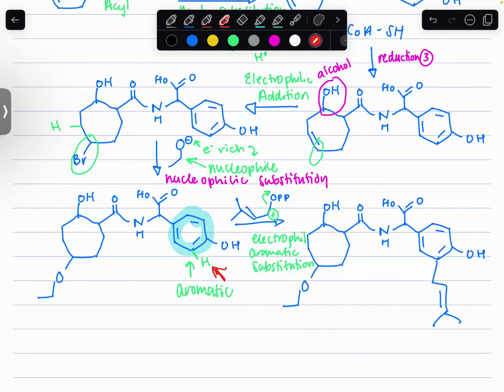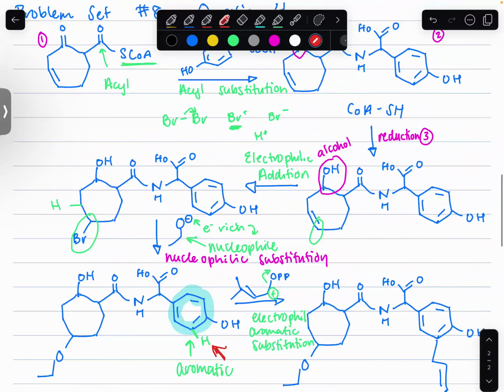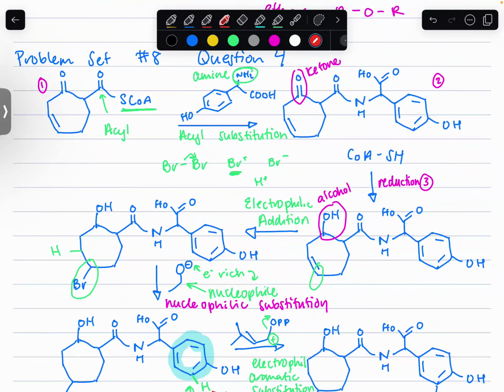Why is between 2 and 3 a reduction? Anytime you see a double bonded oxygen go to a single bonded with a proton, that is a reduction. So double bond oxygen, single bond proton. Basically, carboxylic acid to aldehyde or ketone to alcohol is always going to be a reduction.